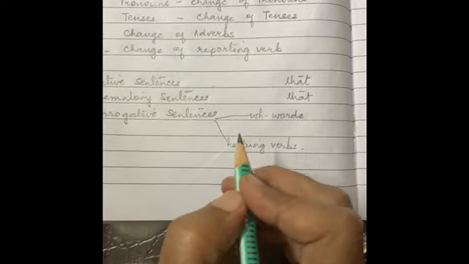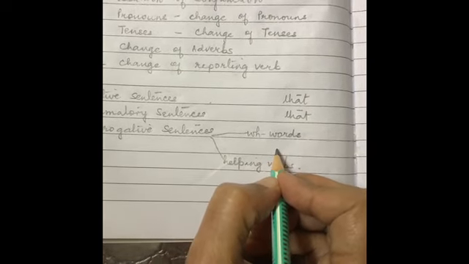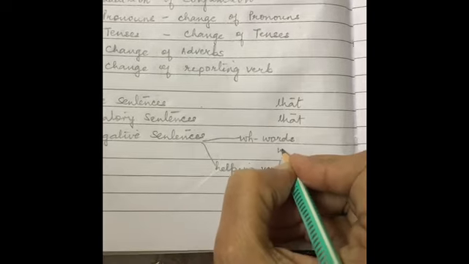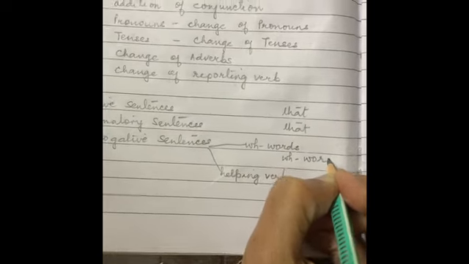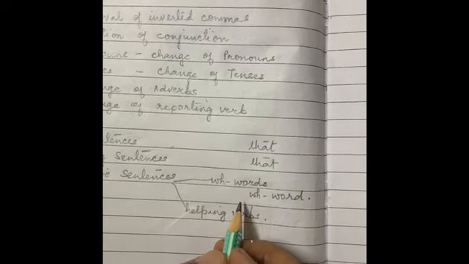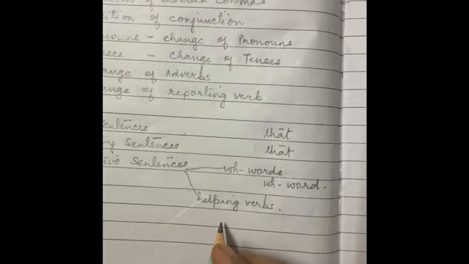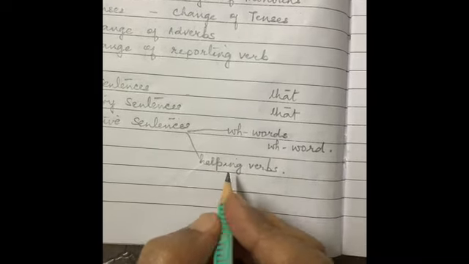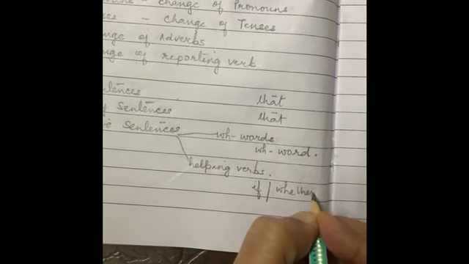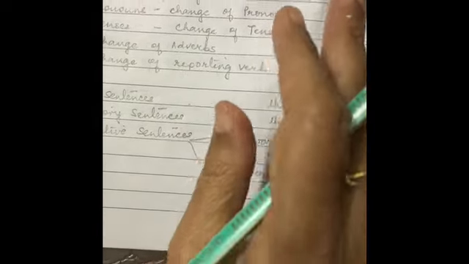So those interrogative sentences which begin with WH words take the WH word itself as conjunction, while those beginning with helping verbs take if or whether as conjunction. Fine.